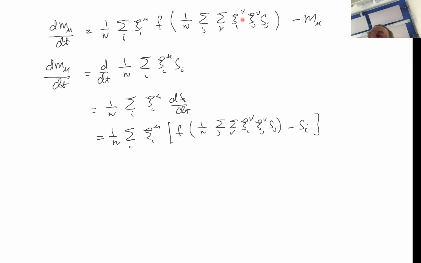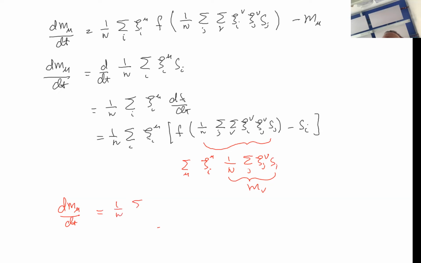But now we can take this term and rearrange the order of these things: the sum on nu of squiggle i nu, times 1 over n, the sum on j of squiggle j nu S_j, and this, of course, is m_nu. So the equations become dm_mu/dt equals 1 over n, the sum on i of squiggle i mu, f of the sum on nu of squiggle i nu m_nu.